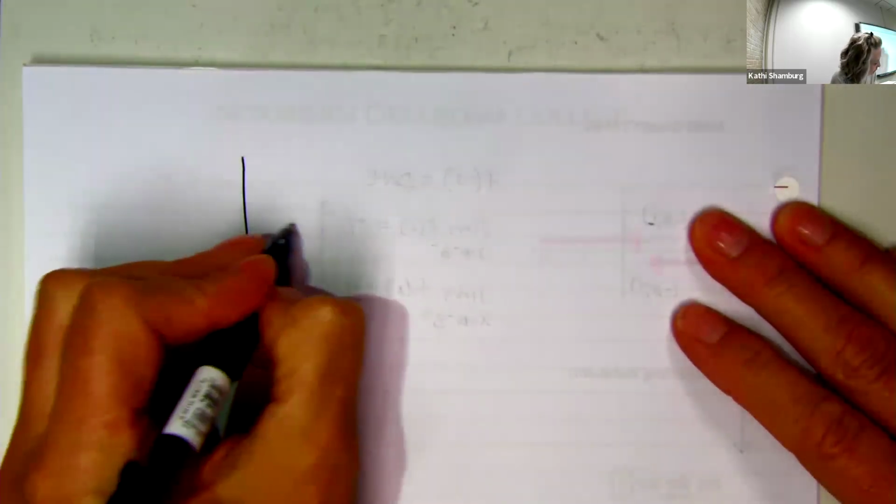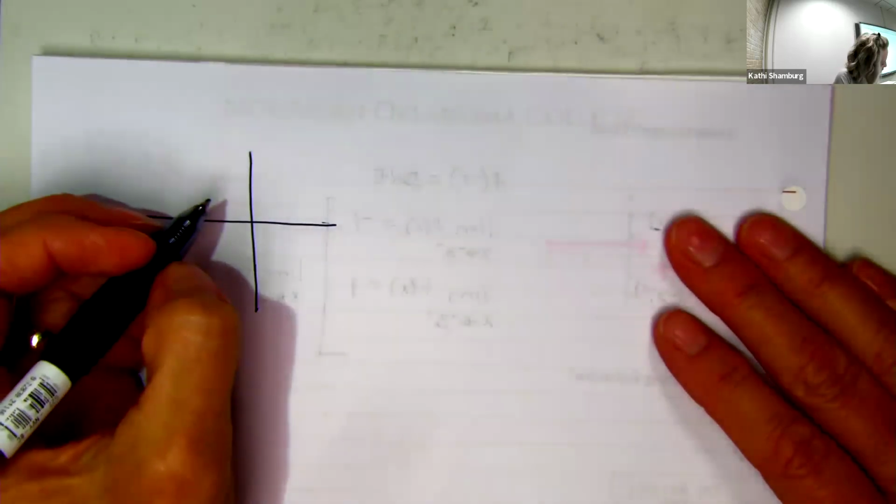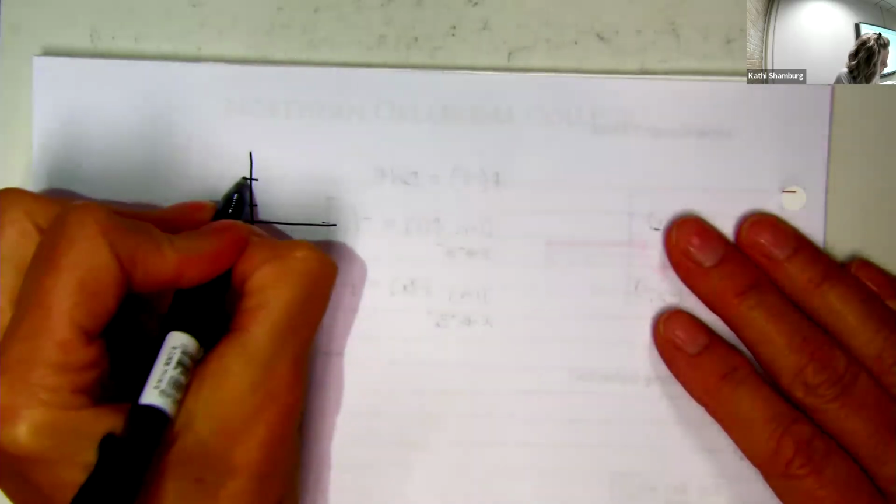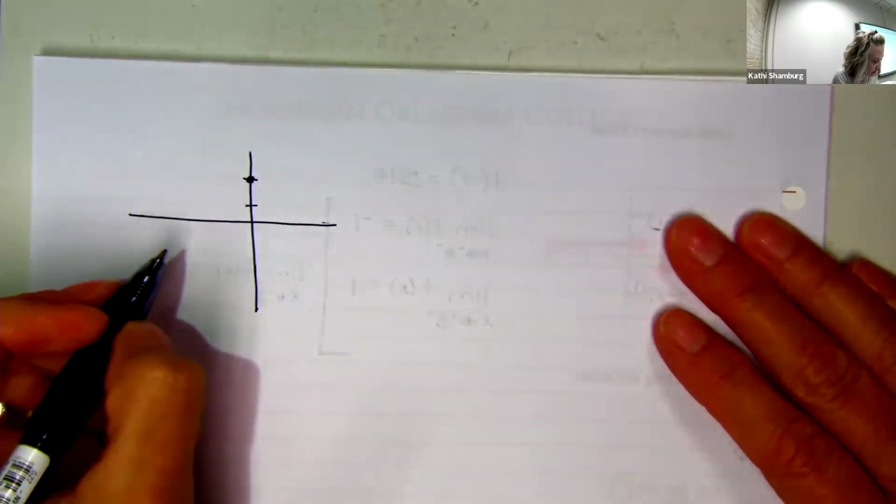I'm going to do it on the back. I don't want to mess up my paper. These are just some quick graphs of what you'll see. There's 1, 2. I'm not going to do all of these.